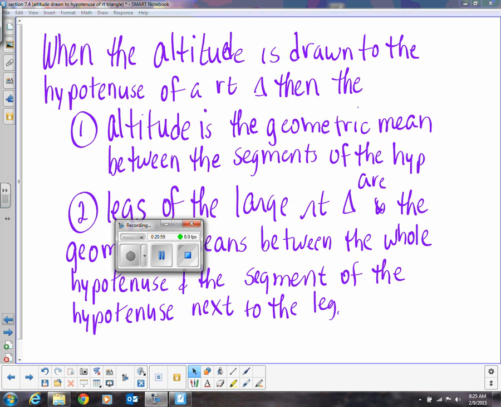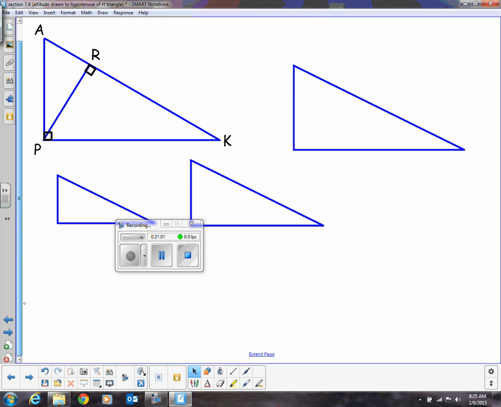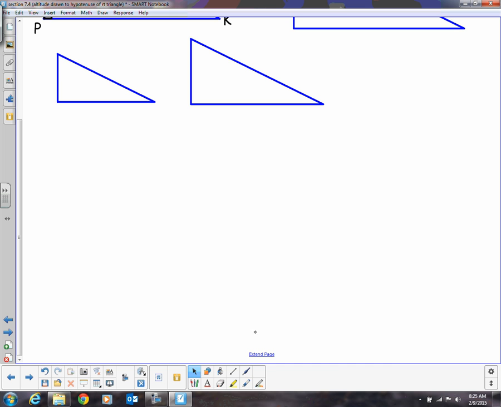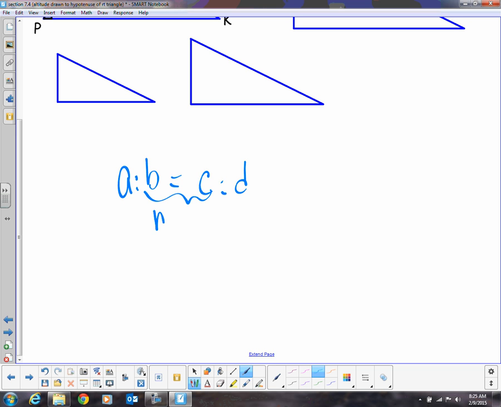Little sidebar. We're going to go back and talk about a geometric mean real quick. Do you remember when I had the ratio A to B equals C to D? We called these inside ones the means, and the outside ones were called the extremes.